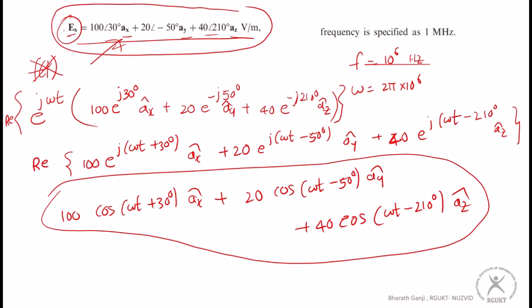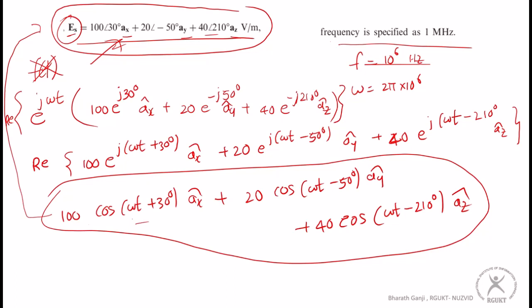No. Any signal which has time and spatial variations, or is a vector like this, when you write it in phasor form, you remove the time variation, or you note aside that the frequency is fixed, which is 1 megahertz. You need to understand these conversions because we'll be using our electric field equations and all these things in phasor forms.